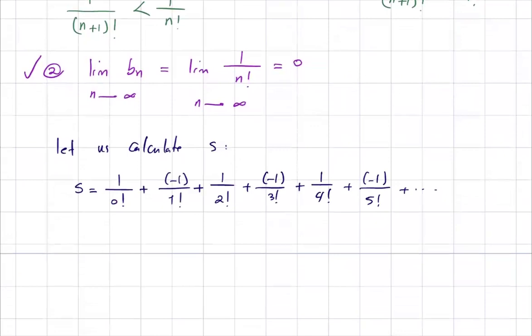So you're basically calculating the addition of these terms. Or it is 1 minus 1 plus 1 over 2 factorial minus 1 over 3 factorial plus 1 over 4 factorial minus 1 over 5 factorial, and so on.